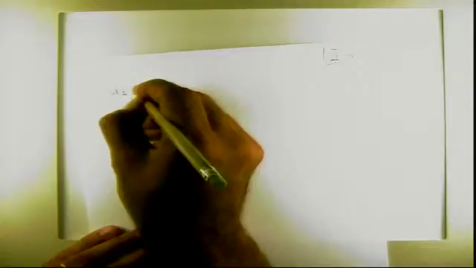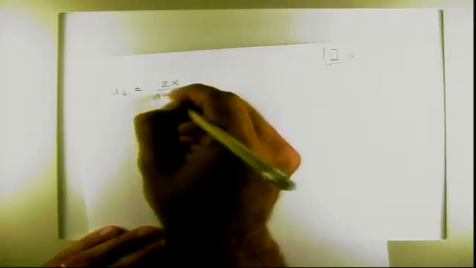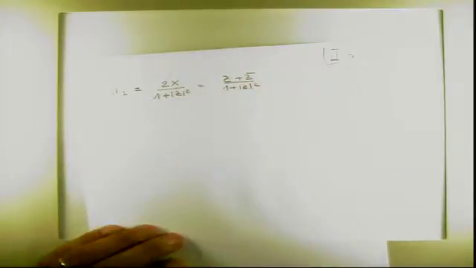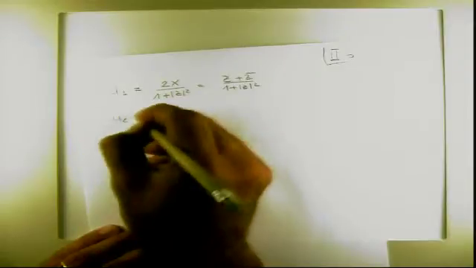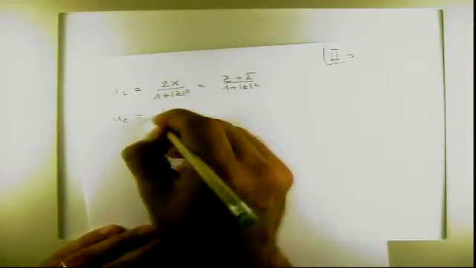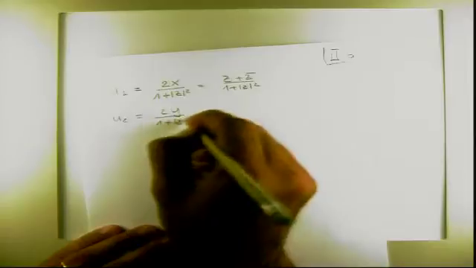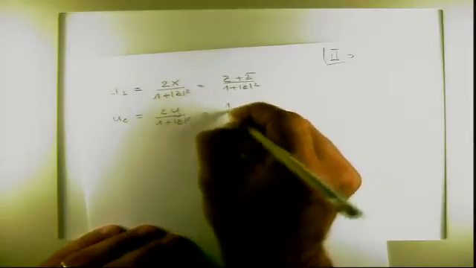So remember that we have u1 as 2x over 1 plus modulus of z squared, or z plus z bar. And u2 is 2y over 1 plus modulus of z squared, which is 1 over i times z minus z bar.